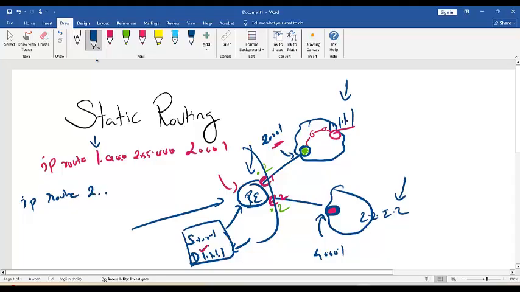If you want to forward the packet to two network, 255.0.0.0, it should be sent to where? 40.0.0.1. Writing routes like this makes the router know what direction the packet is to be forwarded. If it is one network, this is the direction. If it is two network, this is the direction. To make your router know this direction to the destinations, we write routes like this manually. We call this static route.